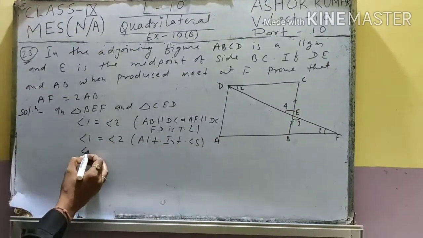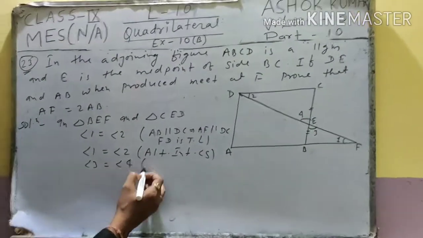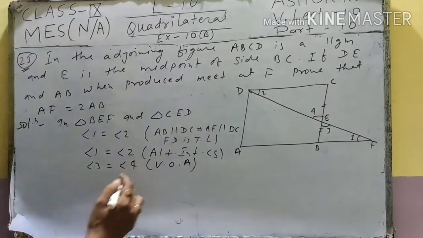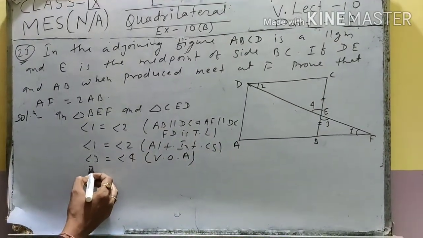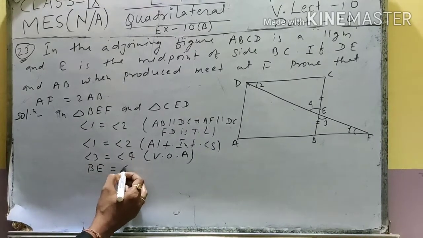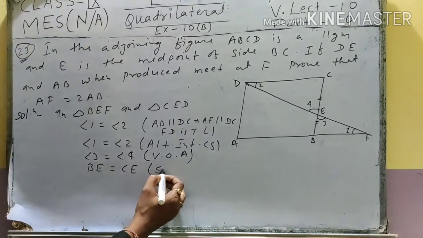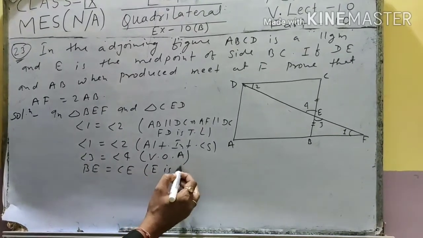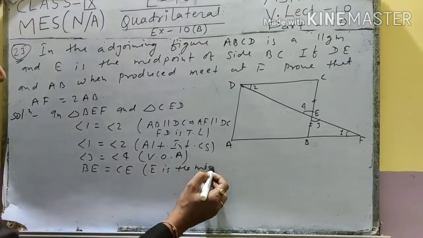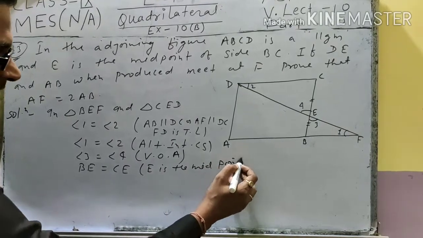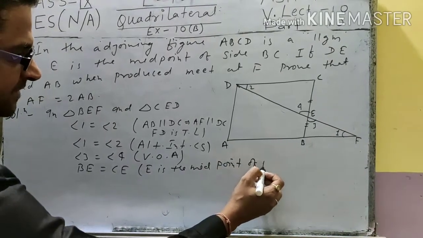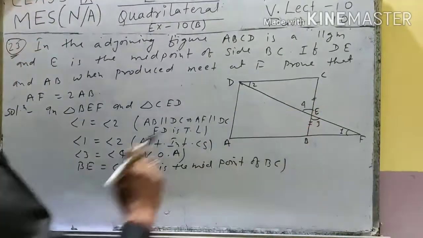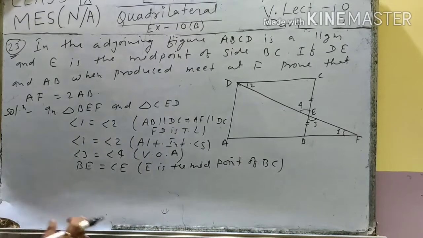Angle 3 is equal to angle 4, by vertically opposite angles. And BE is equal to CE, because E is the midpoint of BC.